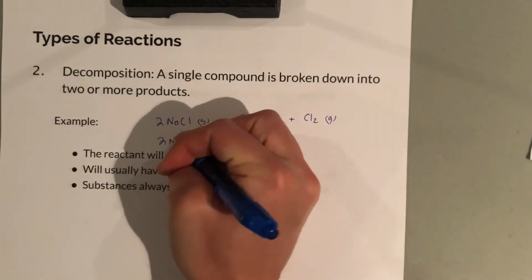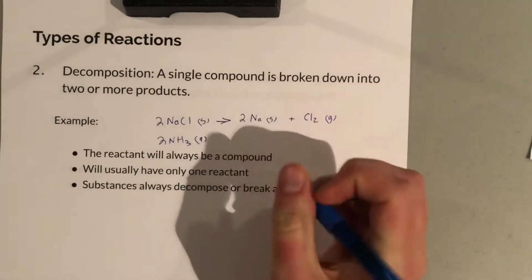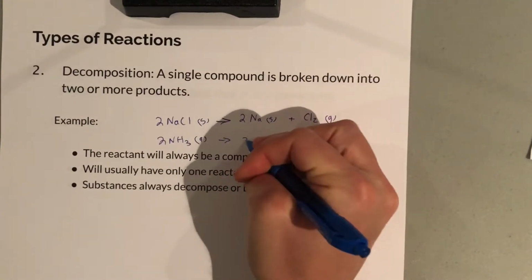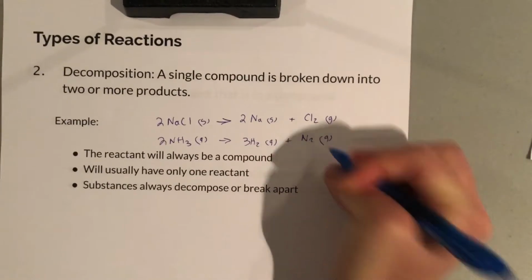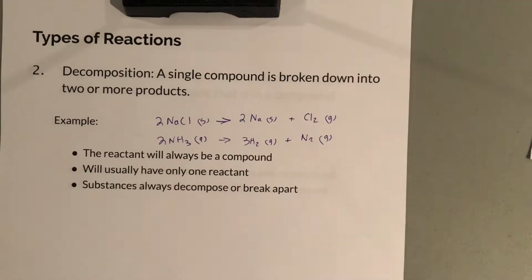Another example would be the decomposition of ammonia, or NH3, which is going to break apart into H2 and N2. You don't need to memorize these reactions, but you do need to recognize that they are decomposition, and we know that because things are breaking apart. Similar to synthesis, there are some key things to look for. Your reactant has to be a compound, because if something's going to break apart, it can't be an element.